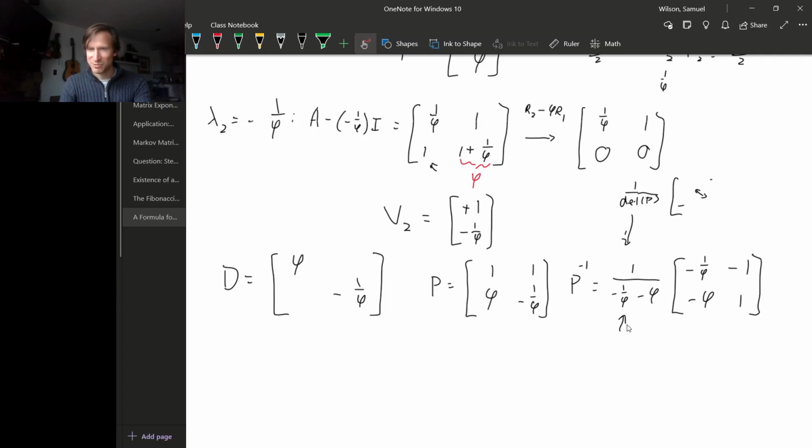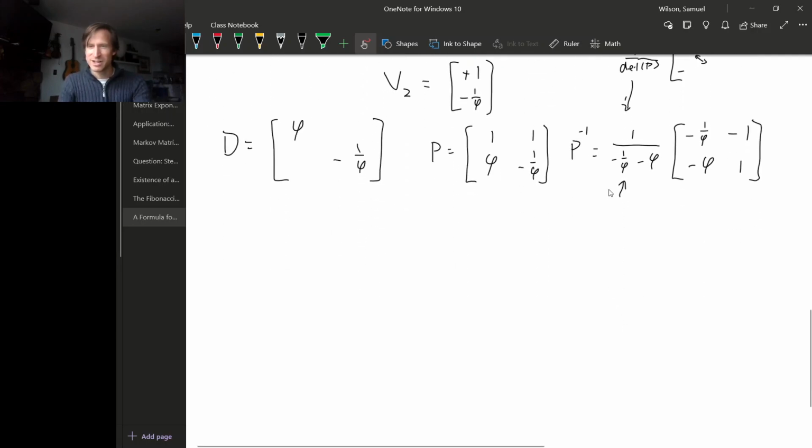Okay, we should work out what this denominator is. Minus 1 over phi, remember that's 1 minus root 5 over 2, minus phi, which is 1 plus root 5 over 2. When you simplify this, you just get the square root of 5. So this denominator is just the square root of 5.